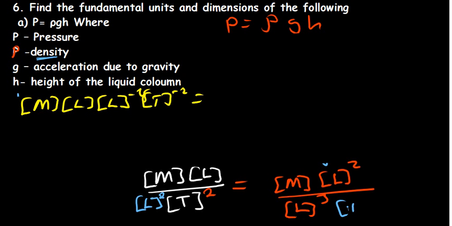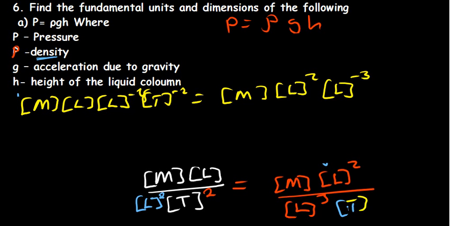This has to be equal to, same here, I'll have m, I'll have l to the power 2. Now this l is going to be negative 3. Then I have got t. Let's not forget this t was squared, so that t will be negative 2.